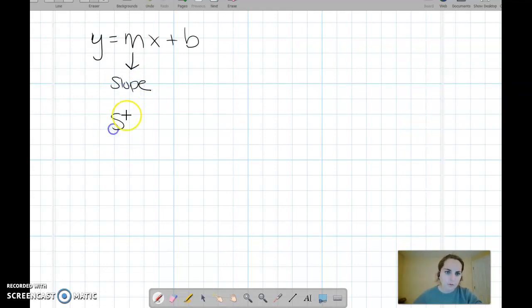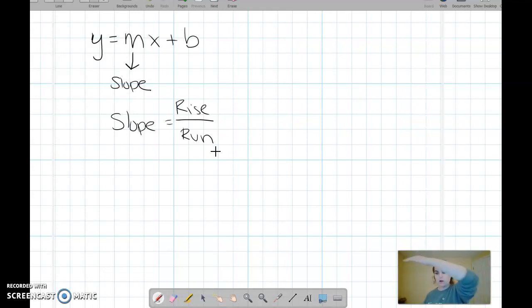So slope is equal to the rise over the run. And what that means is when you are given a linear line, so just a straight line, we have to rise before we run. Okay, so it is equal to the change in y over the change in x.